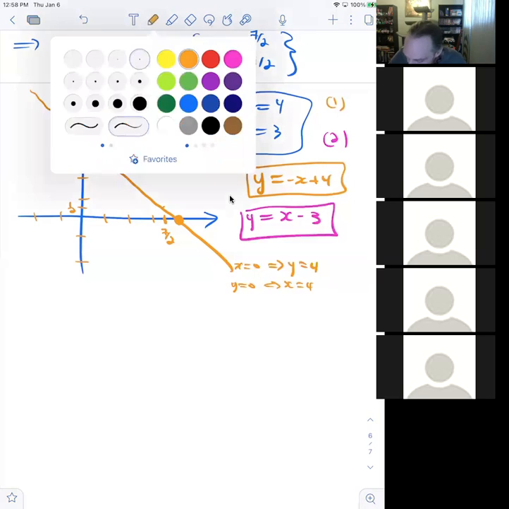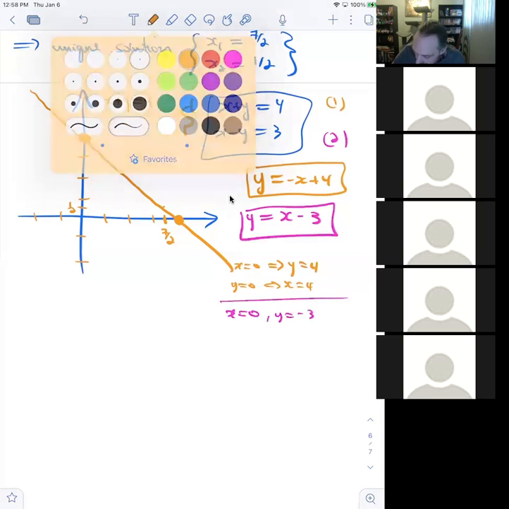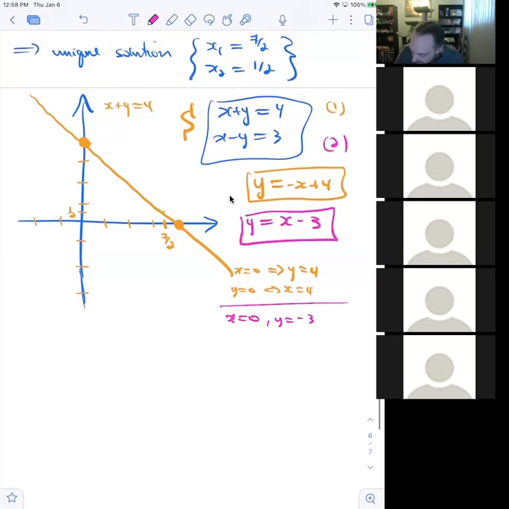Now what's the pink one? For the pink one, the same thing. I just need 2 points. So when x is 0 for the pink one, y is -3. And when y is 0, this says x is 3.